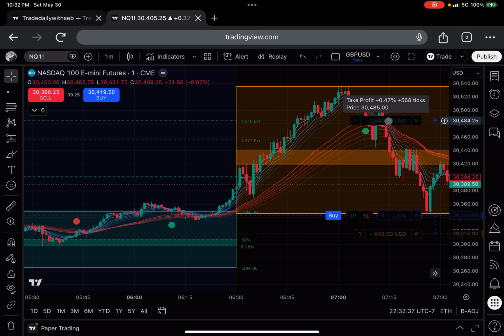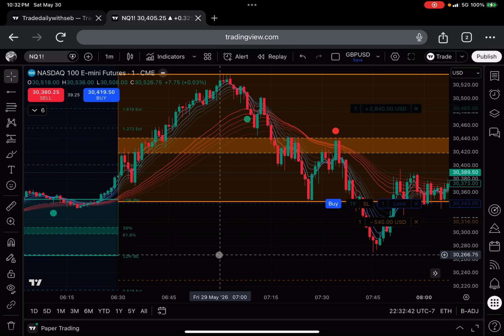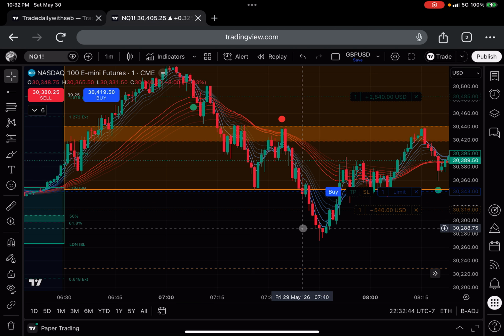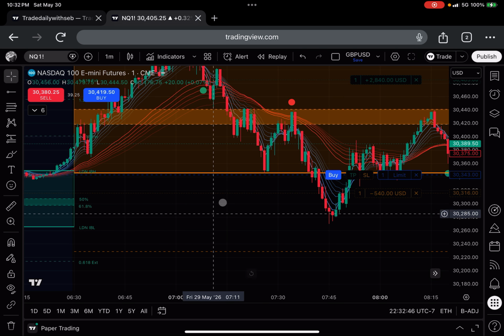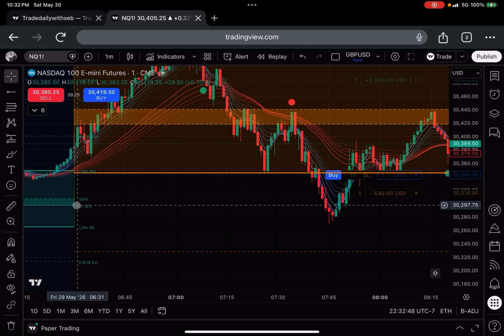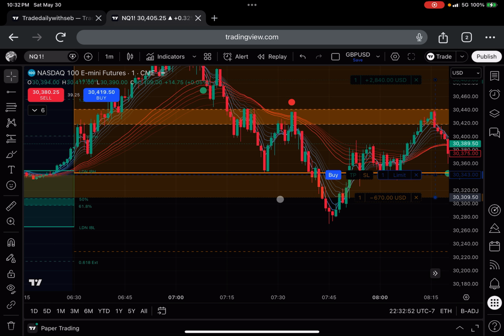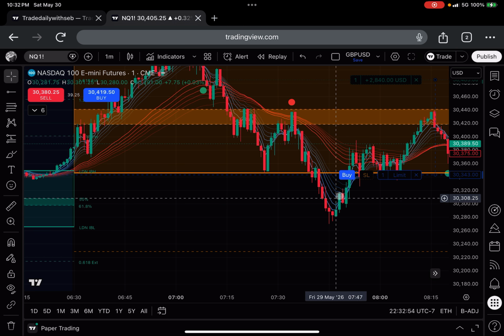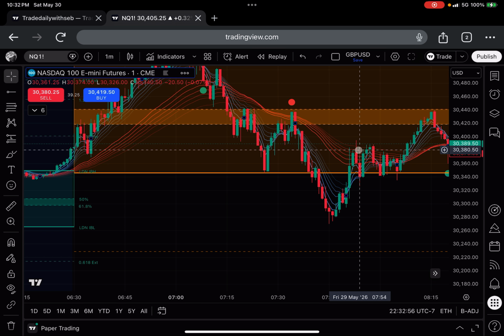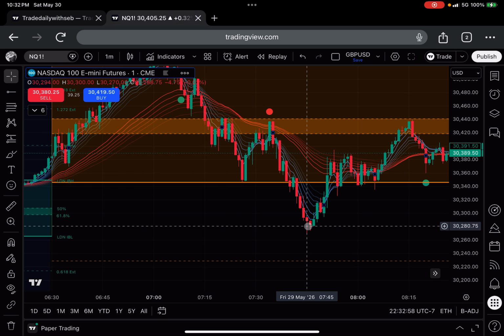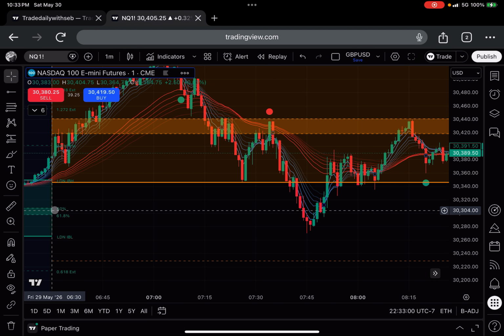You can use all my indicators with so many different strategies that you can create an edge with, just like this one. Going back into an initial balance and older previous initial balances too, as you saw that. You can take your trade right here and come back into this OTE zone.